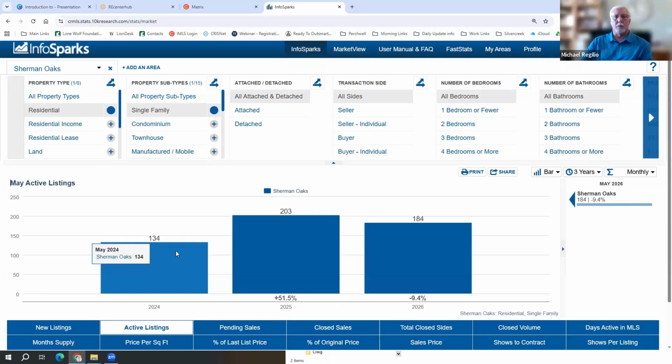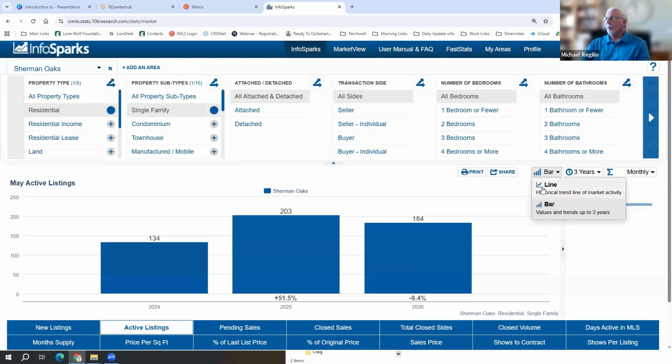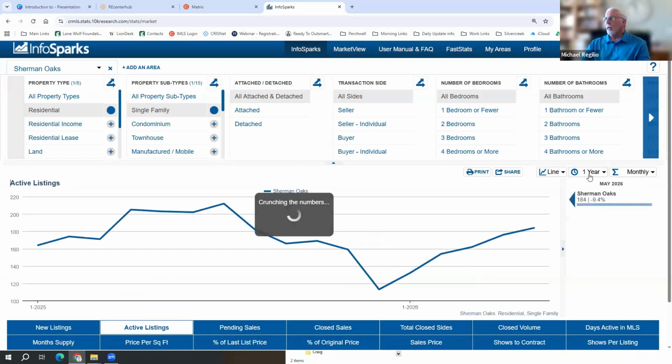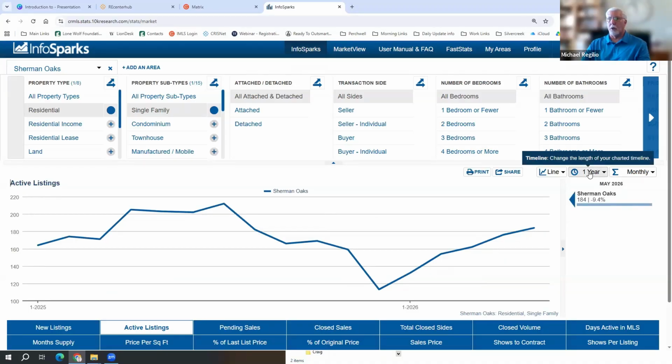Depending on who you're presenting to, this can be a very effective tool because it's super simple, right? So the line chart, the next thing is the time frame for our chart.